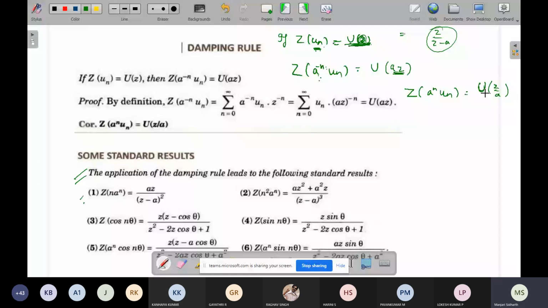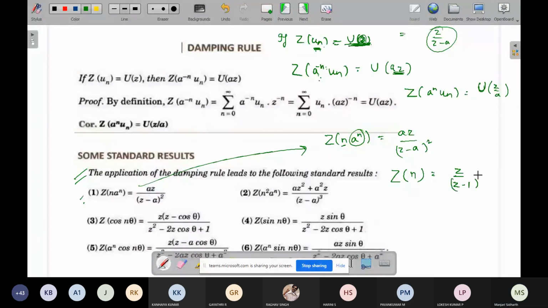Okay, let's see the first one: the z transform of n a power n is az over (z minus a) whole square. Now to use the damping rule, this n is multiplied with a positive power. See it carefully. We know the z transform of n is z over (z minus 1) whole square, just proved before, right? Now this is U(z).